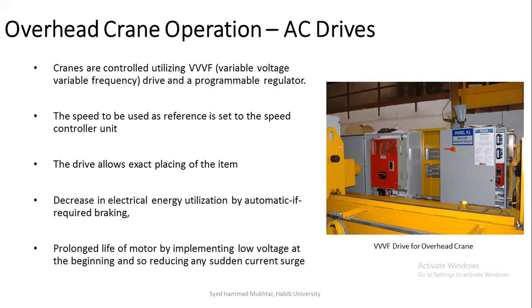The use of these AC drives decreases electrical energy utilization through automatic braking if required. So only if it is required to brake the system are the brakes applied, not unnecessarily. And the life of the motor is also prolonged by implementing low voltage at the beginning, reducing any sudden current surge as well.